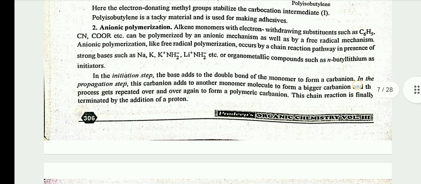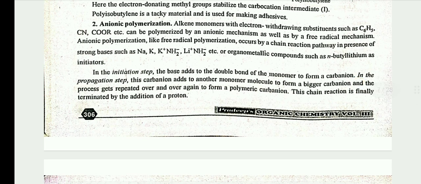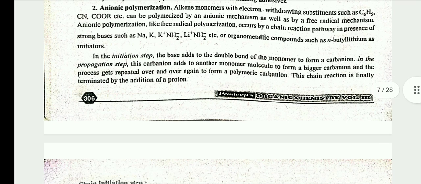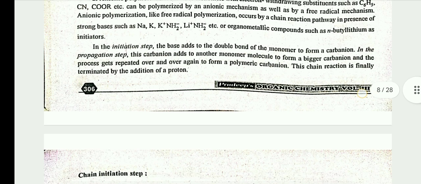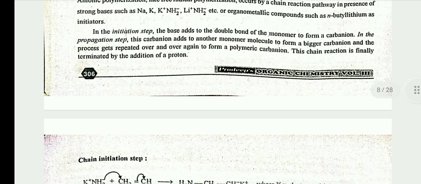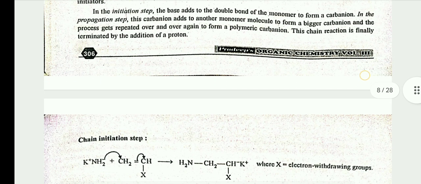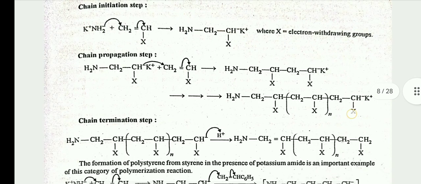In the initiation step, the base adds to the double bond of the monomer to form a carbanion. In the propagation step, this carbanion adds to another monomer molecule to form a bigger carbanion, and the process gets repeated over and over again to form a polymeric carbanion. This chain reaction is finally terminated by addition of a proton.